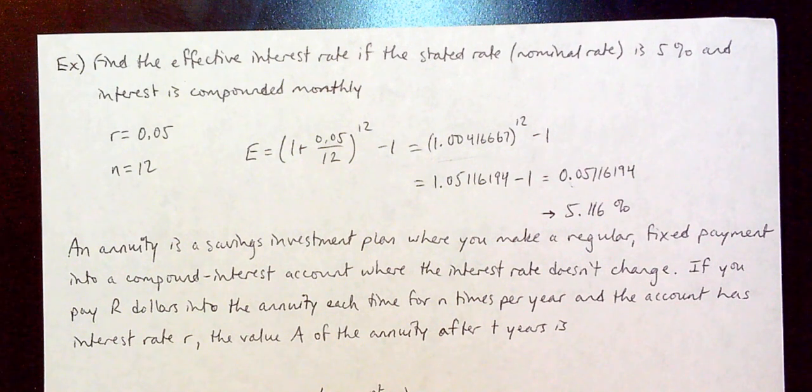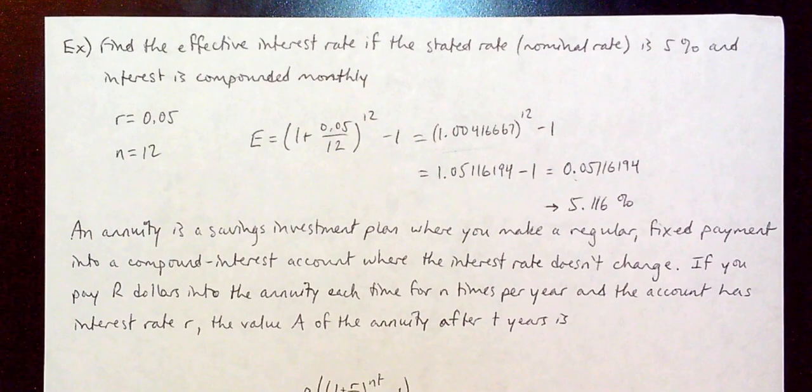Typically, when we're talking about interest rates, we wouldn't go this many decimal places out. We'd only go 1, and say it's about 5.1%. But you can see a tiny bit larger, not that much, but there is a difference between that effective interest rate and the nominal rate.